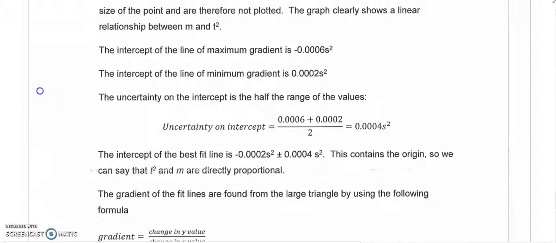The intercept of the best fit line is minus 0.0002 seconds squared plus or minus 0.0004 seconds squared. This error bar contains the origin. So our data is commensurate with the line of best fit going through the origin.